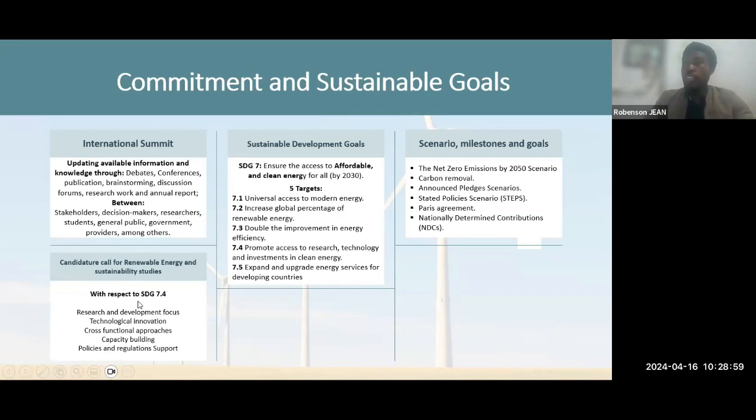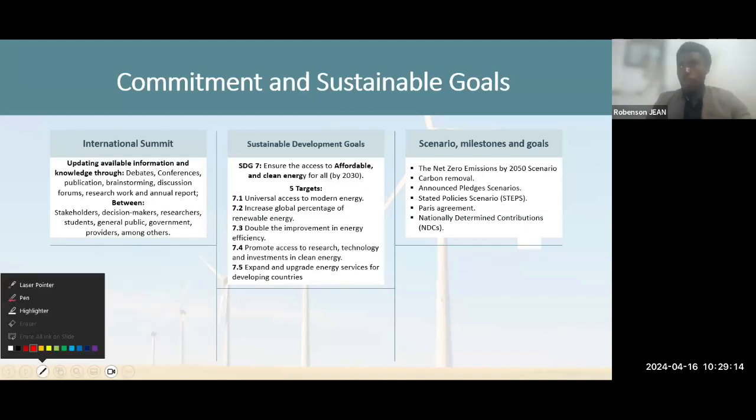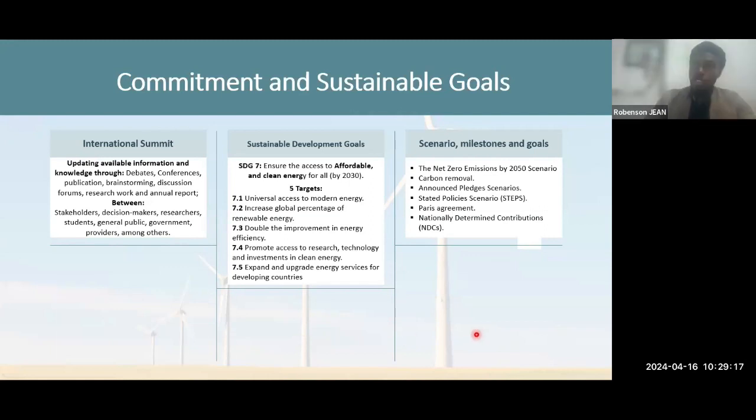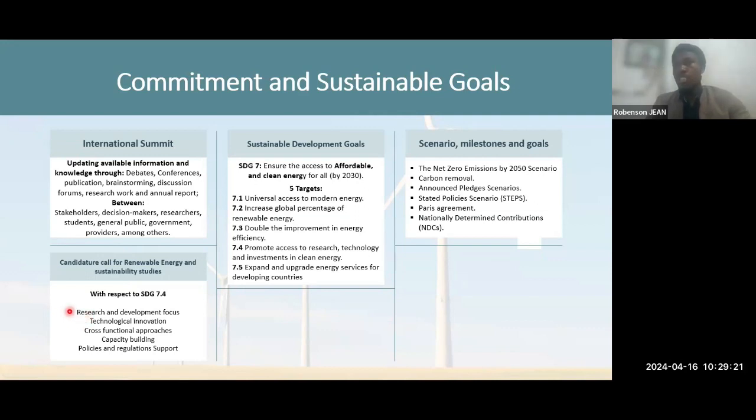With respect to SDG 7.4, which aims to promote access to research and technology, and also investment in clean energy, we're going to see that this will help us to focus on research and development, and this will allow us to bring some technological innovation, and through that we'll have the possibility to create some cross-functional teams in order to better approach all the challenges that are linked with renewable energy integration.